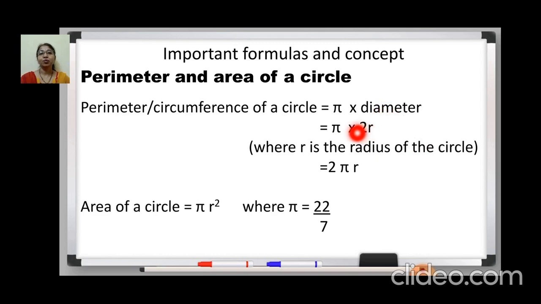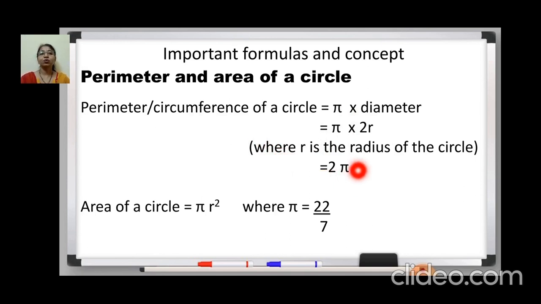But you know diameter is nothing but twice the radius, where r is the radius of the circle. So combine this, you will get circumference of a circle is equal to 2 pi r.